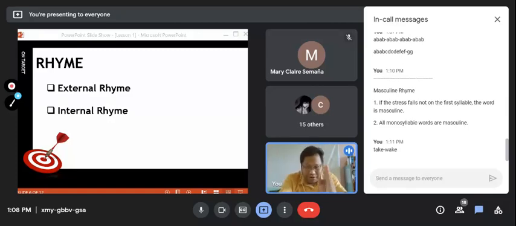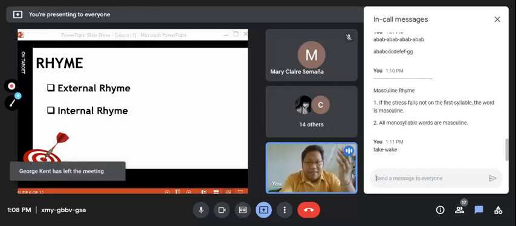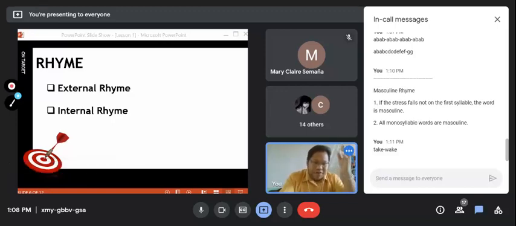Obviously, from the word mono, there's one syllable, is the root word for syllabic. A monosyllabic word is a word composed of just one syllable. Take is a monosyllabic word. Wake is another monosyllabic word. The both of them rhyme because they share the ake sound. They differ on the initial consonant sound. Regardless, they rhyme.